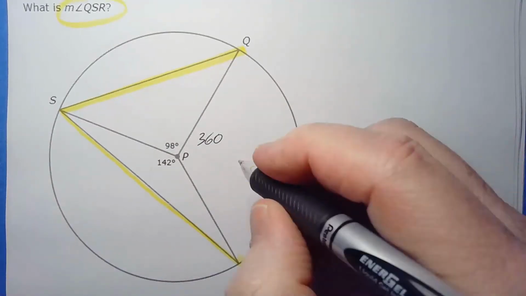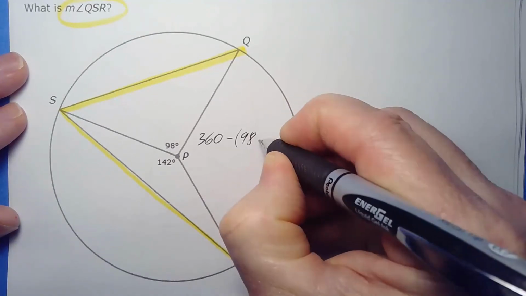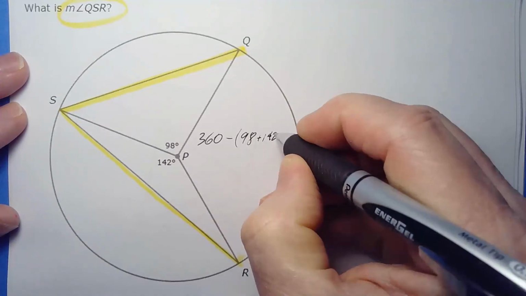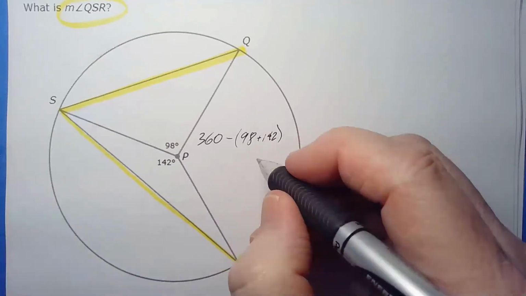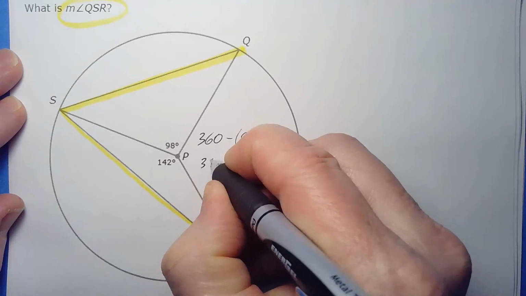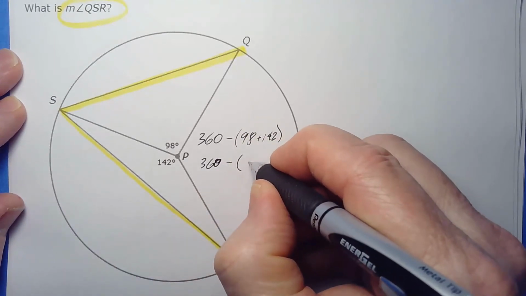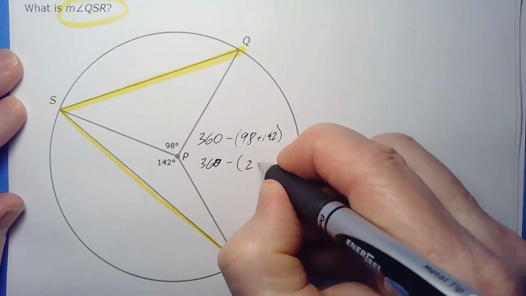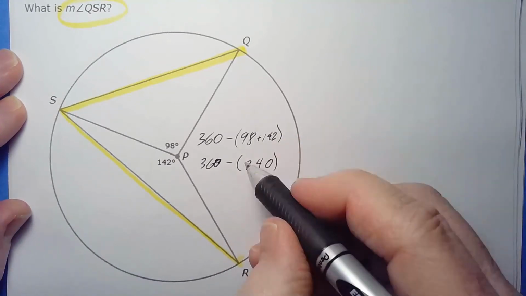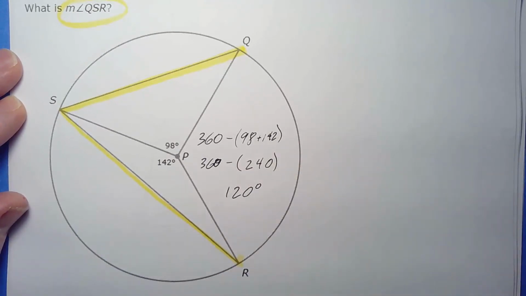360 degrees minus 98 plus 142, right? So, well, it turns out 98 plus 142 is just equal to 240, right? 360 minus 240, we finally get 120 degrees, okay?